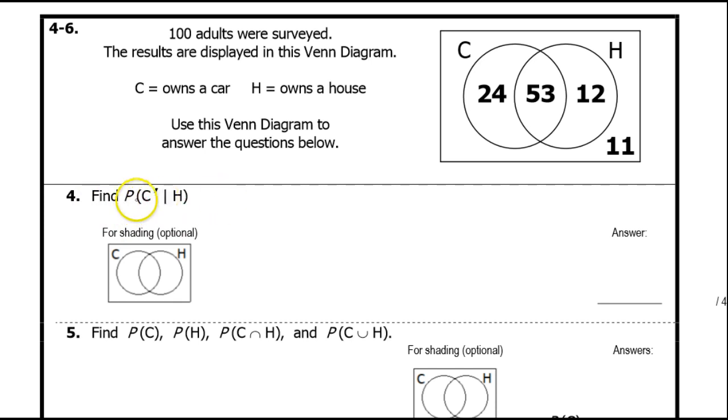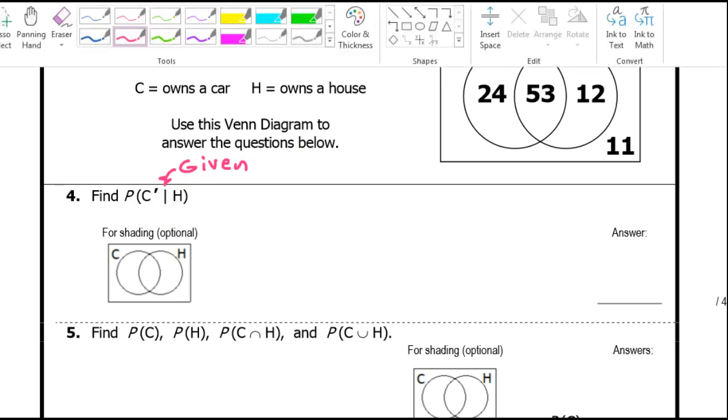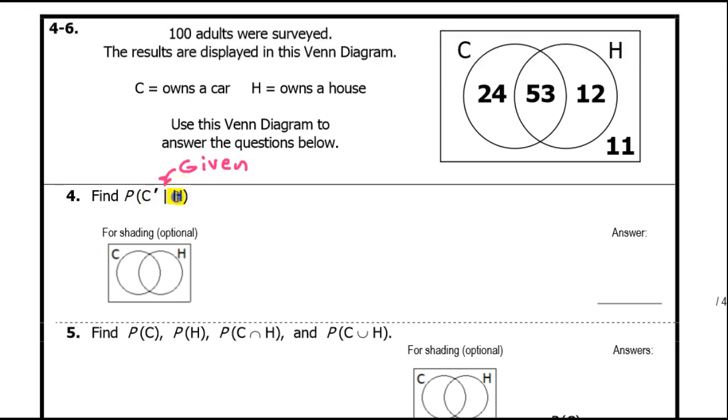Okay, so this means the probability of not C given H. All right, the probability of not C given H. So in other words, this little bar right here, we say the word given. And whenever you have a given problem like this, you should highlight the given and cross out everything else.